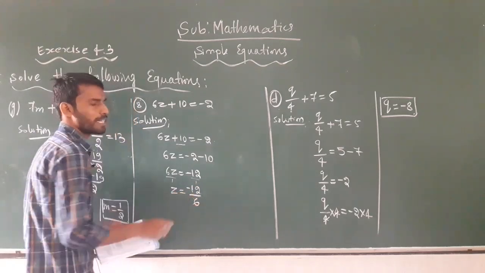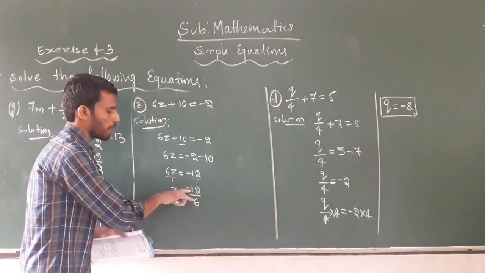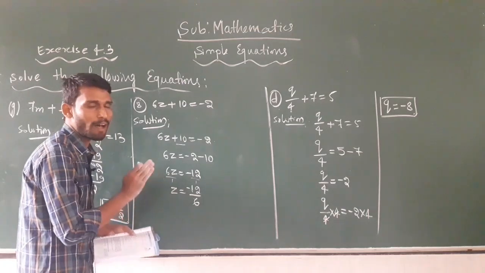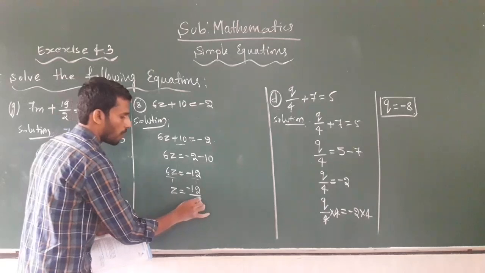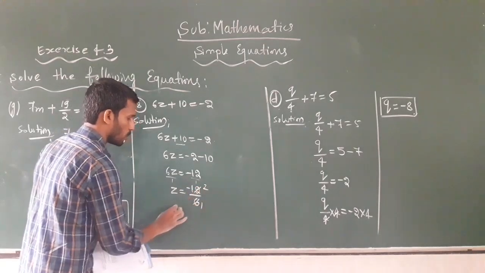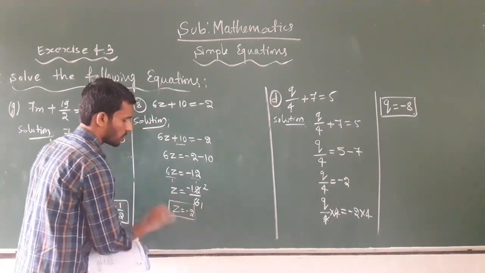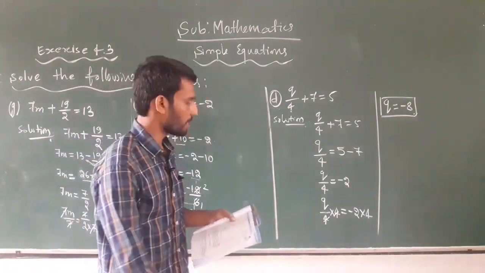Dear student, as we discussed in decimal fraction problems, when dividing a negative number by a positive number, we have to divide the whole numbers first. After that, we put the negative sign before the solution. Now 6 1s are 6, 6 2s are 12, z is equal to minus 2. This is the solution.